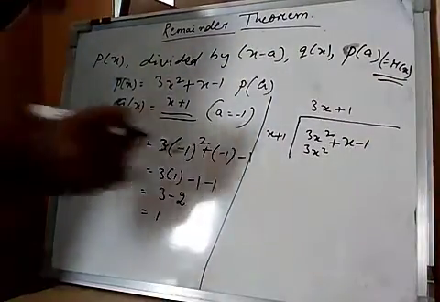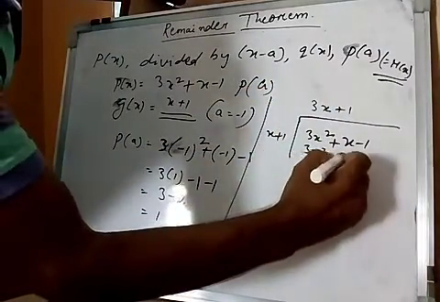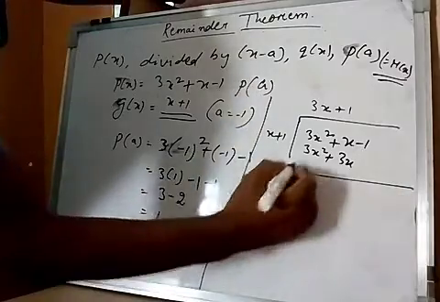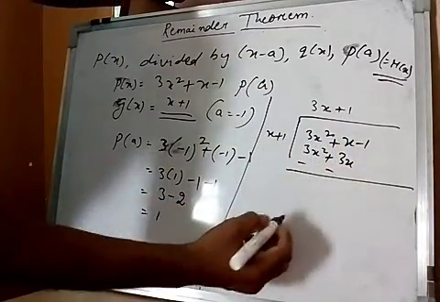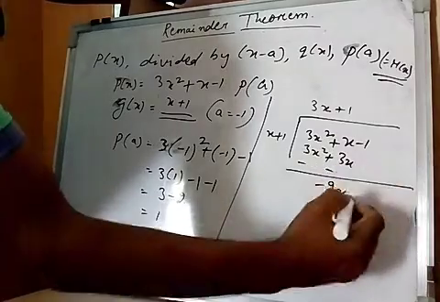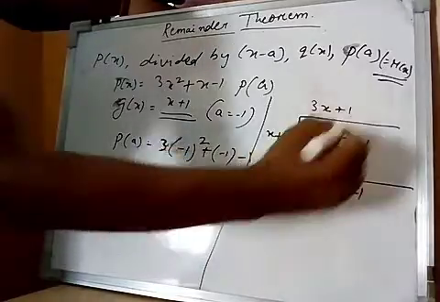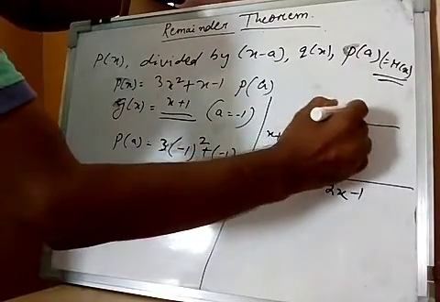Now 3x square, and 3x multiplied by 1 is 3x. Minus minus 3x square, 3x square cancel, minus 3x plus x, so minus 2x, and minus 1 down. Here the first term is minus 2x, here the first term is x, so I take minus 2.